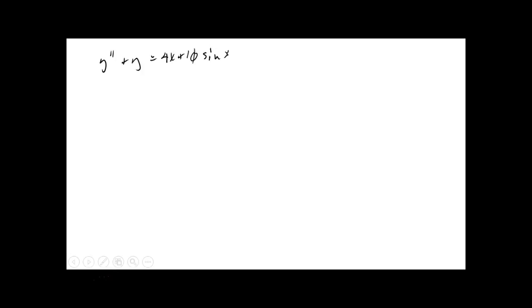Plus 10 sine x, where y of pi is equal to 0, and y prime of pi, so this is an initial value problem, is equal to 2. Now, I kind of don't like calling it initial because pi isn't what I think of where you start. But that's what they always call it, so we'll call it that.